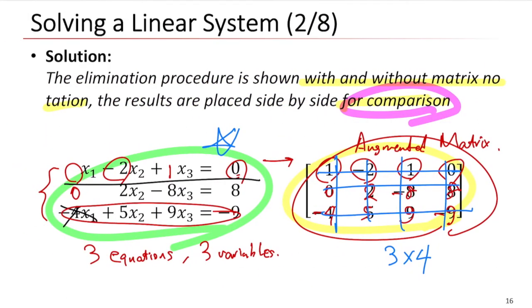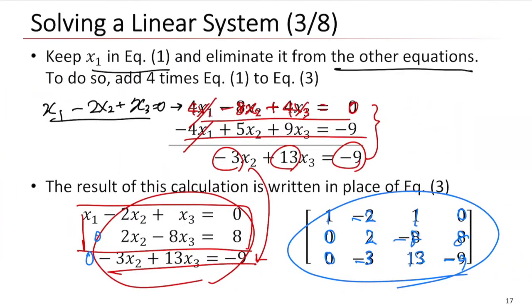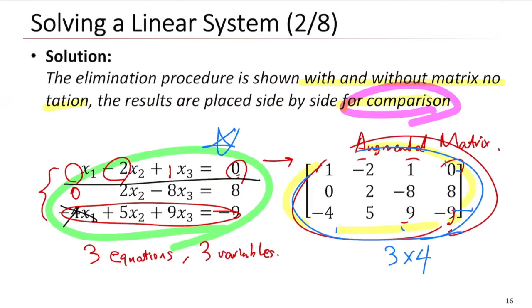So comparing to the original augmented matrix, what's the difference?